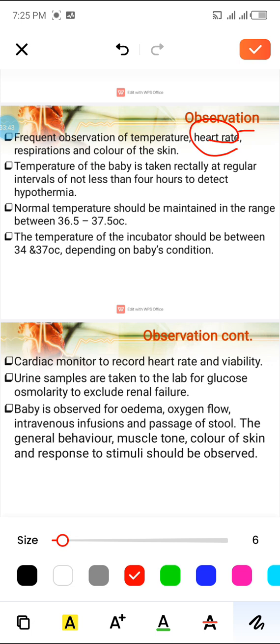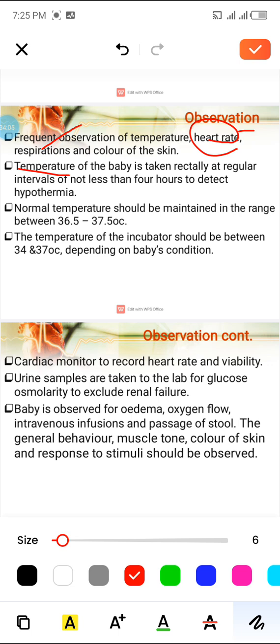Then why should you check for the respirations? Because you want to ascertain the air entry or the pulmonary activities. Then why should you check for temperature? This is because you want to detect any conditions such as hypothermia. So that's under observations.